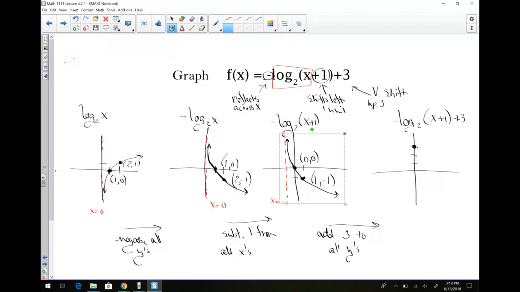And note that I didn't change my asymptote here. I haven't drawn it yet. I'm just writing down the point. Didn't change anything on the x equals. So we've got 0, 3. And then we've got negative 1 plus 3 gives me a positive 2. So I've got 1 and positive 2.